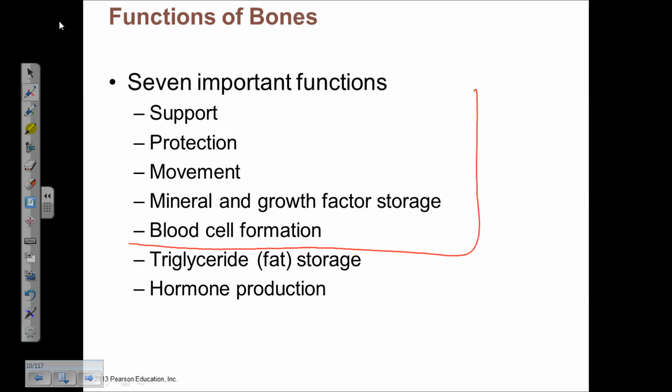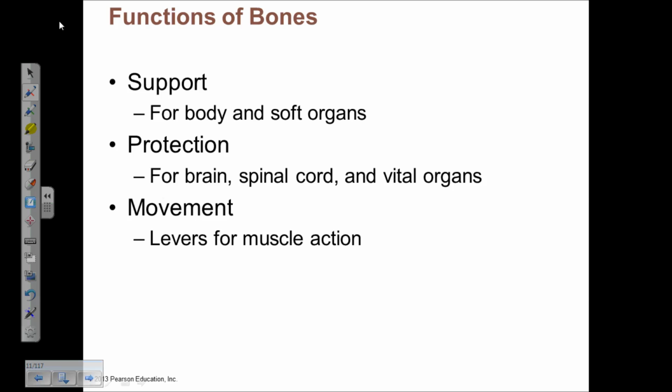It also stores fat, mostly in adults. In kids, you have red bone marrow. In adults, red bone marrow turns into yellow bone marrow, and yellow bone marrow is pretty much fat. And in the end, bones can produce a hormone that is called osteocalcin.